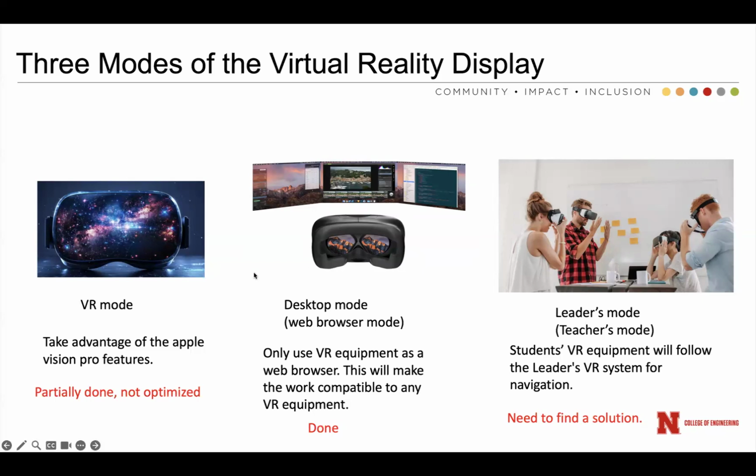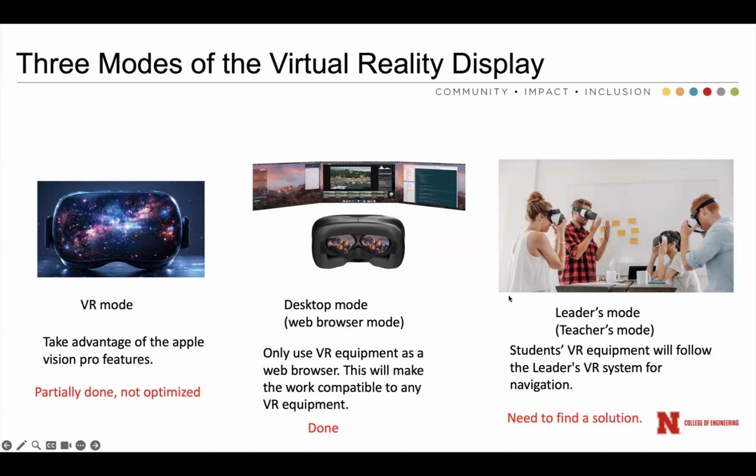So in virtual reality, there are 3 modes of visualization. One is the normal web browser mode. So we can explore the space in a 3D manner even without any equipment, just like browsing a regular website. Now, having specific VR equipment, we can also display this website in a VR mode.